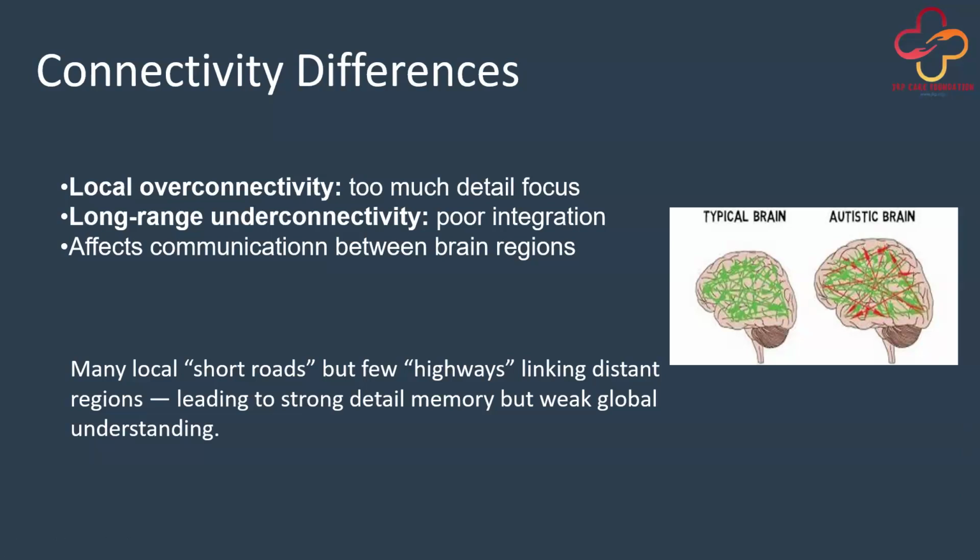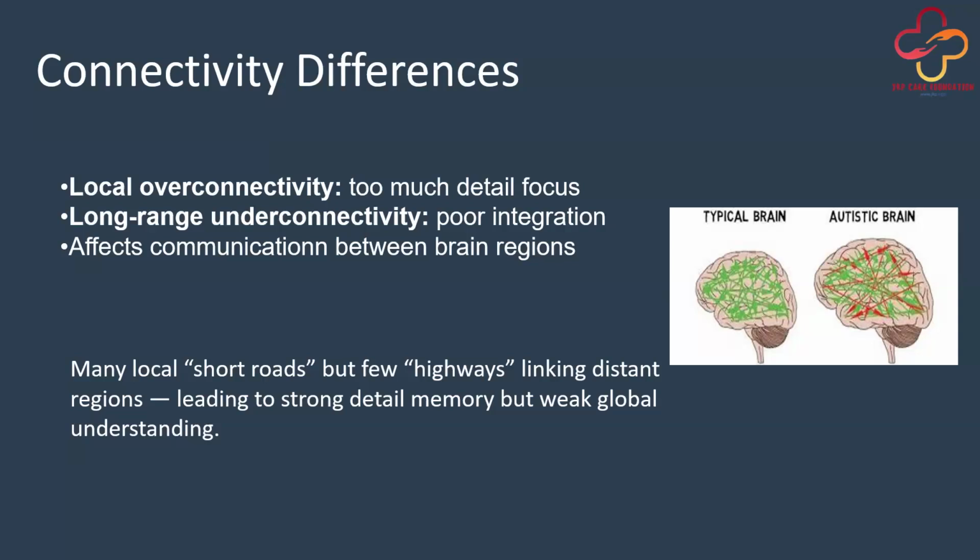For example, in some regions there are so many short roads, but few highways linking distant regions. In a country, a city or a village, there are short roads and there are highways also, but here there are many short roads and very few highways, leading to strong detailed memory but weak global understanding.